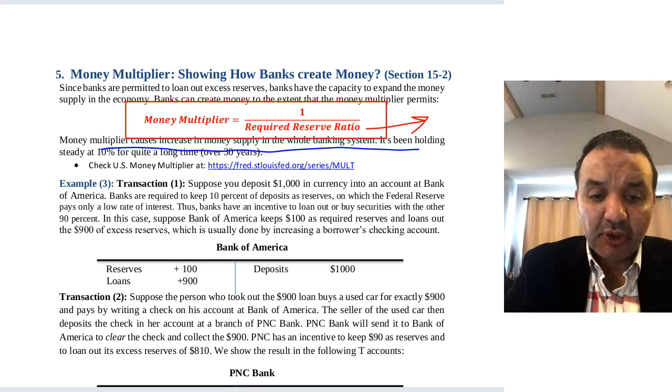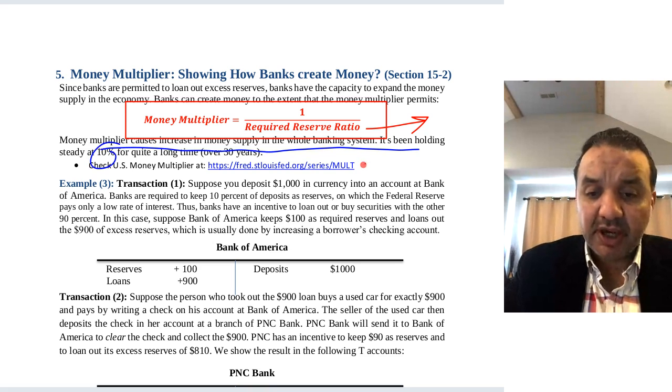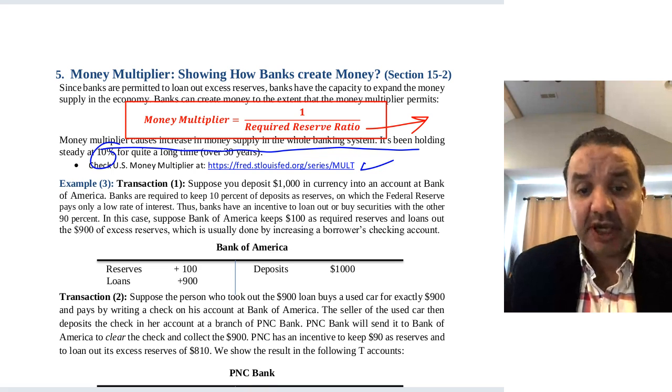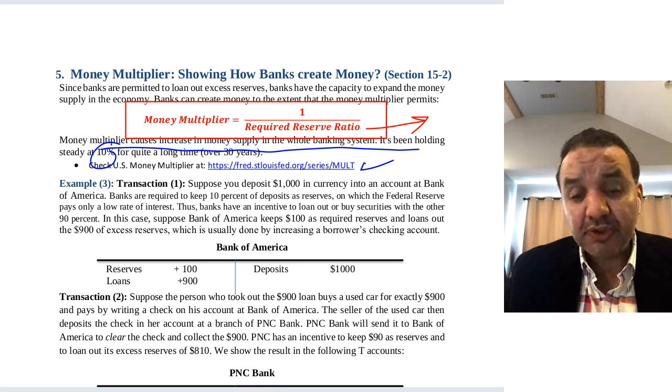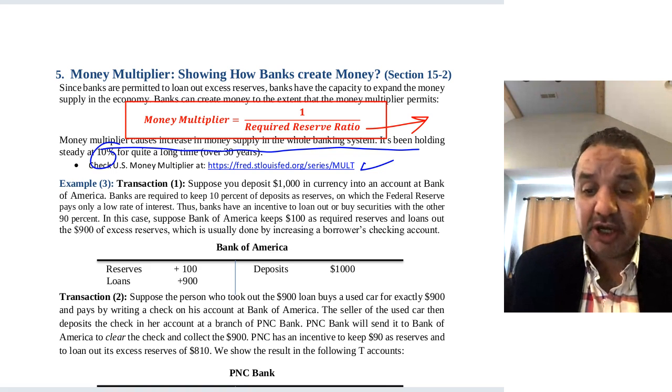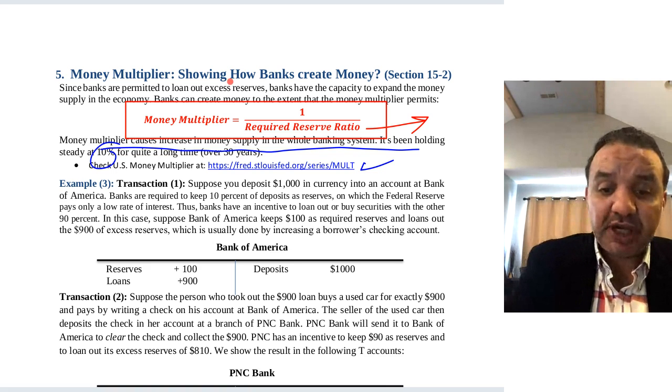It has been holding steady at 10% for quite a long time. You can check the money multiplier numbers at this link.